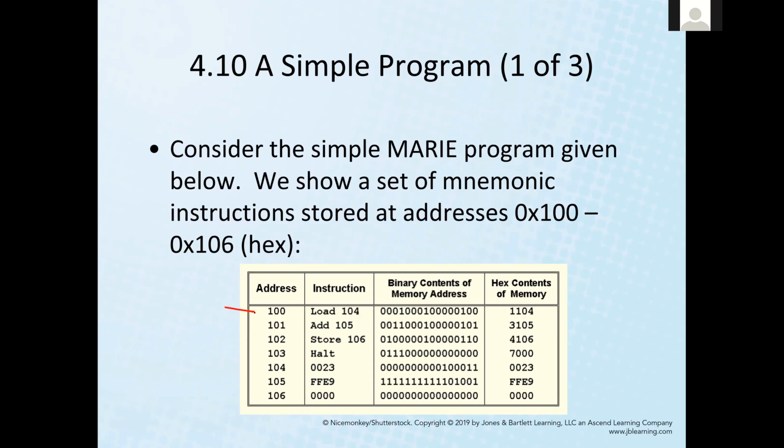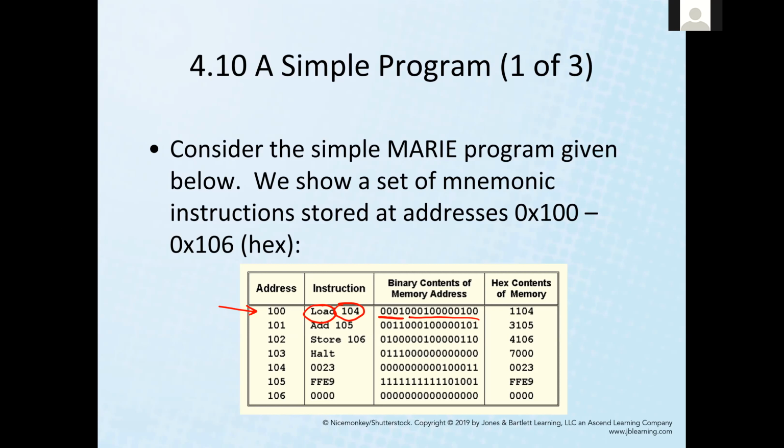First of all, we should notice that this program starts from address 100. At address 100, the instruction we place is load 104. If you remember, load had an opcode of 0001. So if we convert it to binary content, it will be 0001, and 104 converted to a binary number will be this number.